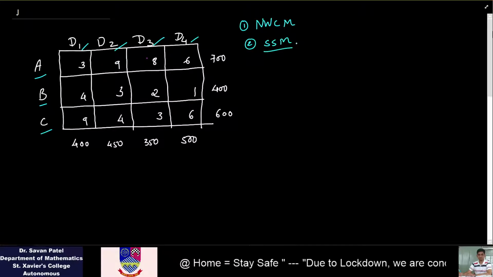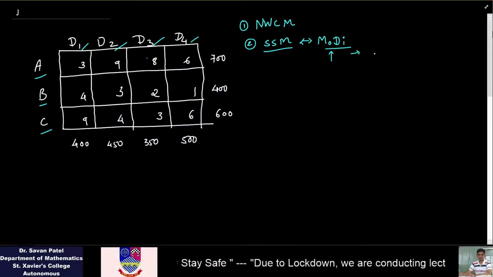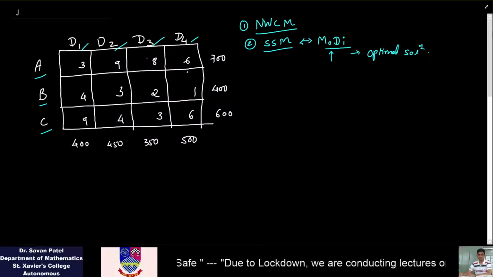That is one way, but then we will replace the stepping stone method by the MODI method, the modified distribution method, and using this we will reach the optimal solution. So first of all, apply the northwest corner method.